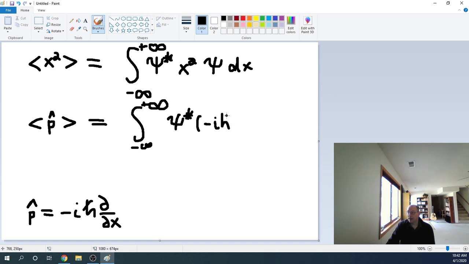Before, that was x squared, so it was really simple, and since it's just a number, you could bring it out in front. There's no problem with that. But with momentum, now we have to do an operation on the wave function.